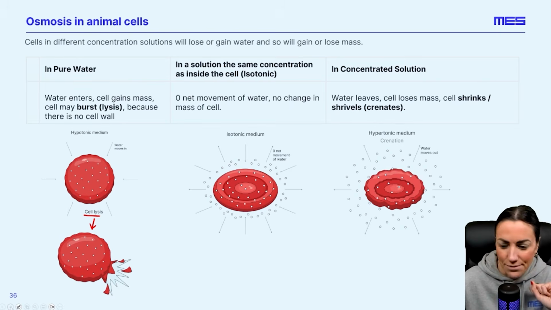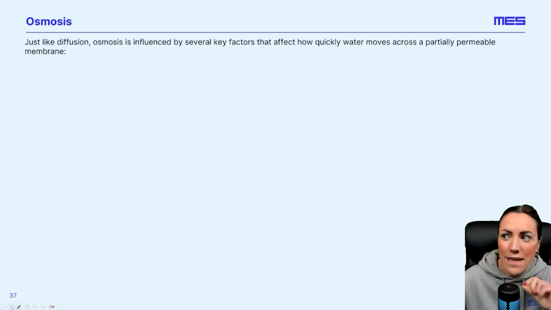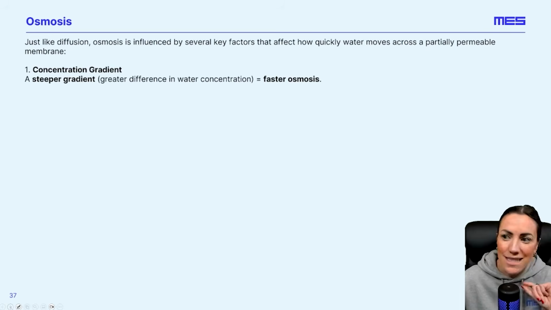Now, something else we have to think about with osmosis, just like diffusion, is key factors that affect the rate of osmosis, or how quickly that water will move by osmosis across the partially permeable membrane. So concentration gradient: the steeper the concentration gradient, or the steeper the difference in water concentration, the faster the rate of osmosis.